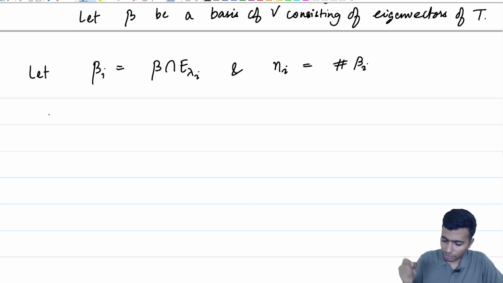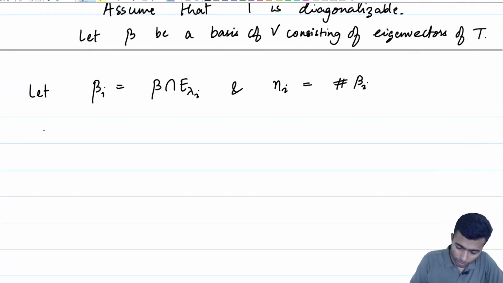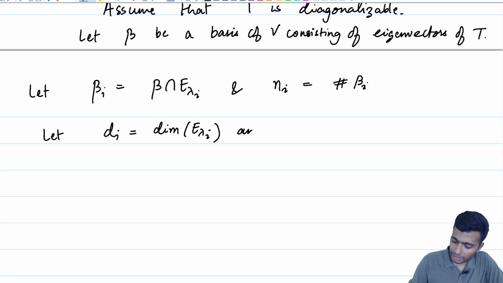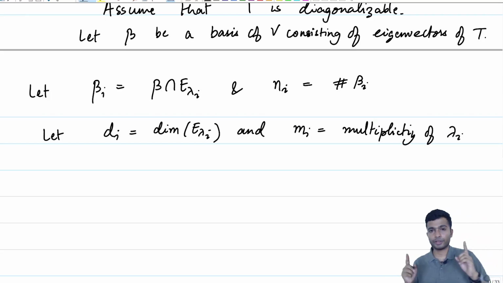So, let us give the dimension of E lambda i some name. Let di be equal to the dimension of E lambda i and mi be equal to the multiplicity of lambda i. We know a few things.